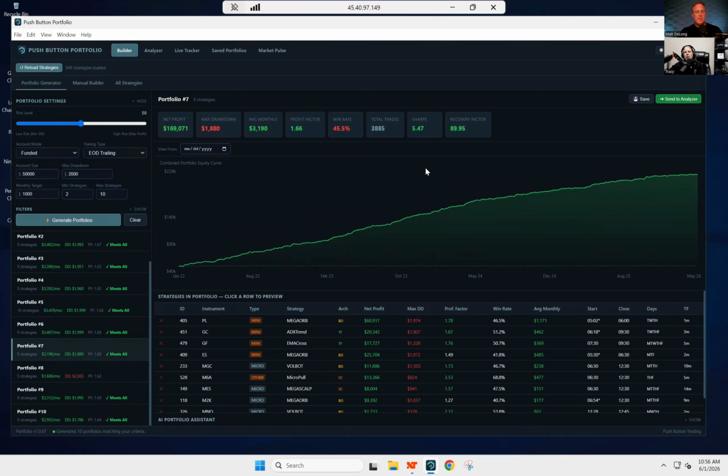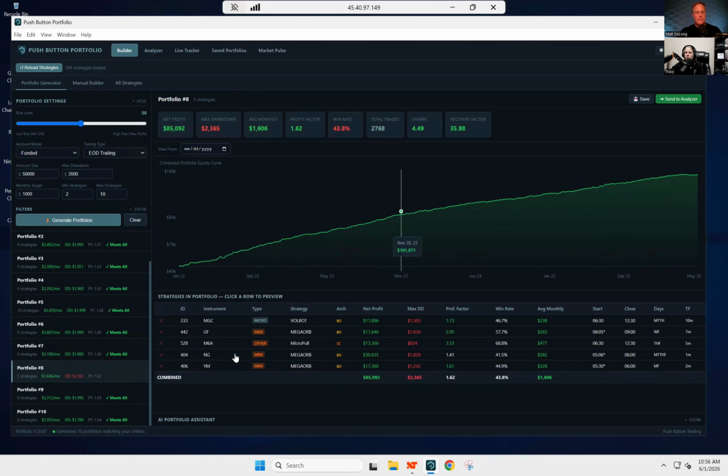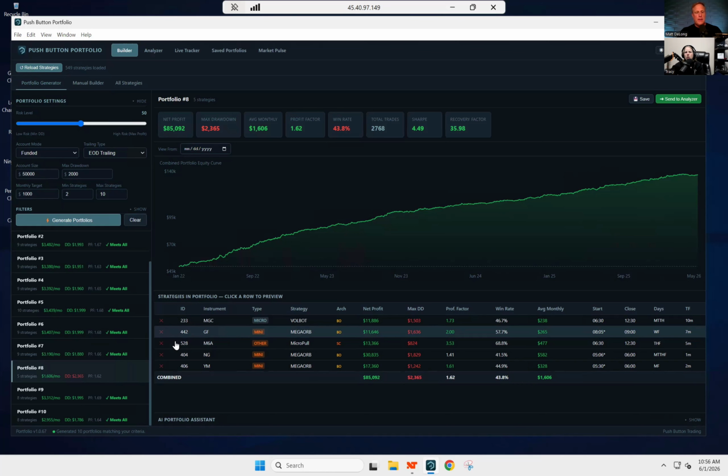I would like to point out, if you go back to portfolio 8, you made some modifications to that portfolio. You removed PL and you removed EMD because you didn't know what they were. And when you did that, it changed the portfolio performance. So now your drawdown no longer meets the criteria that you were actually asking for.